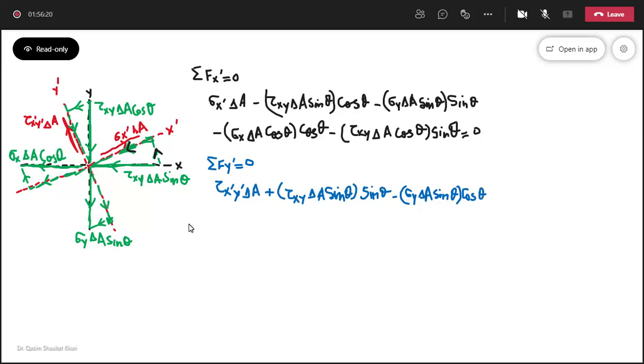Okay, next is sigma x delta A cos theta. This component is again positive.